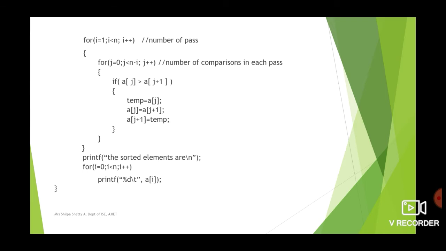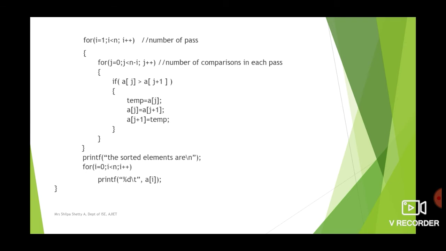So if n value is 5, then this for loop will execute for i is equal to 1, i is equal to 2, i is equal to 3, i is equal to 4. When i becomes 5, 5 less than 5, the condition is false. So the for loop will not get executed. So I hope this is clear.